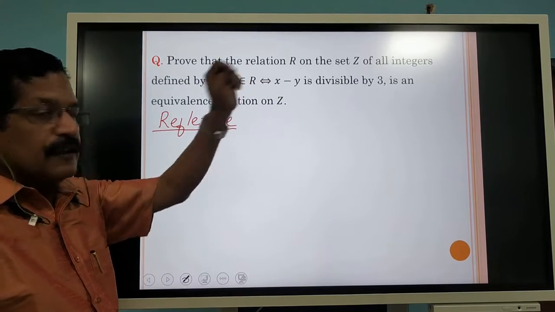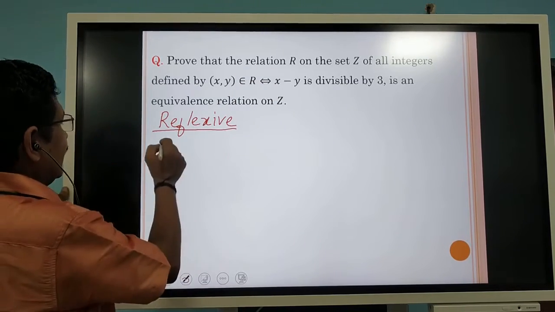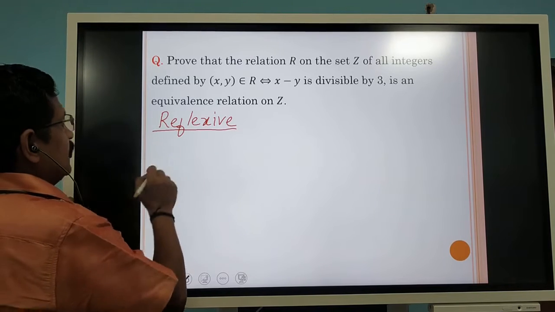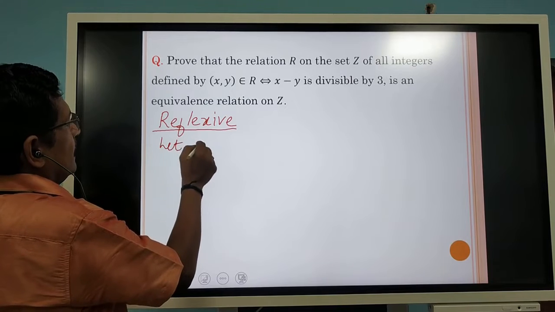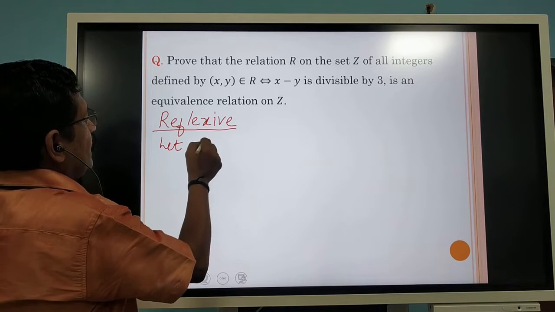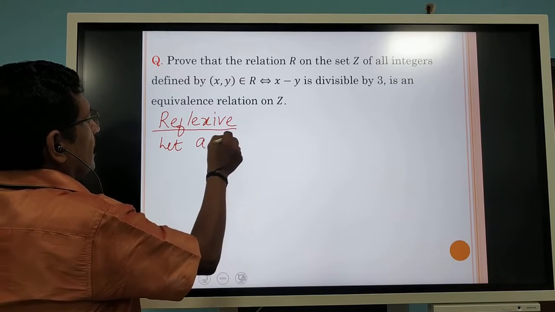To prove R is reflexive, I am taking a general element from the set, an arbitrary integer. So, let a be an integer, so a element of the set.